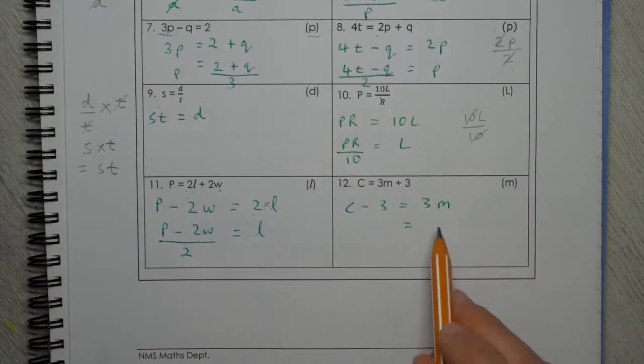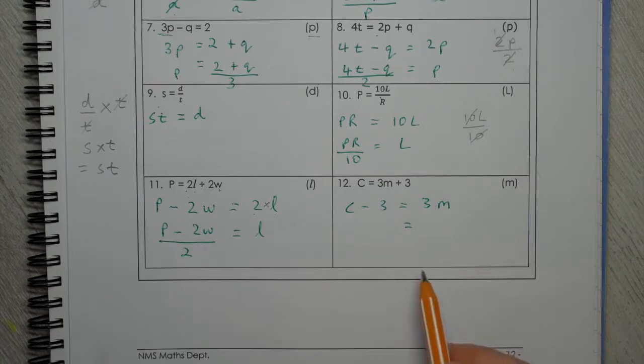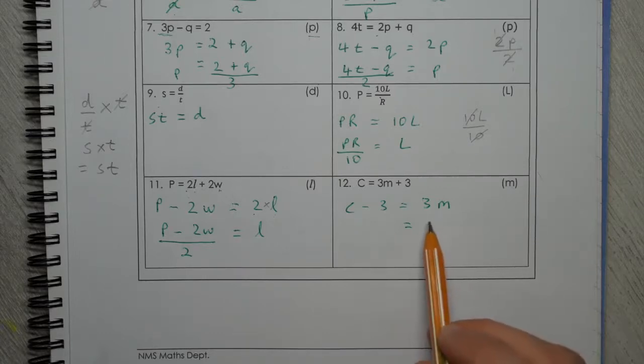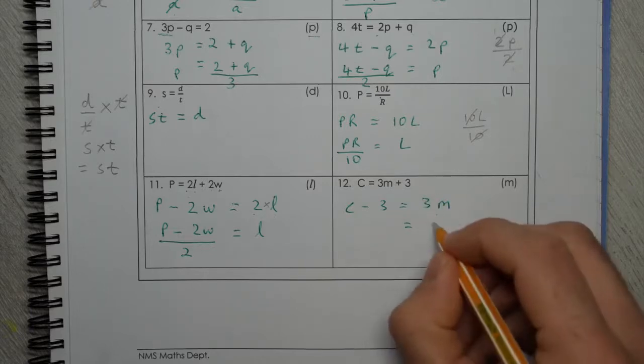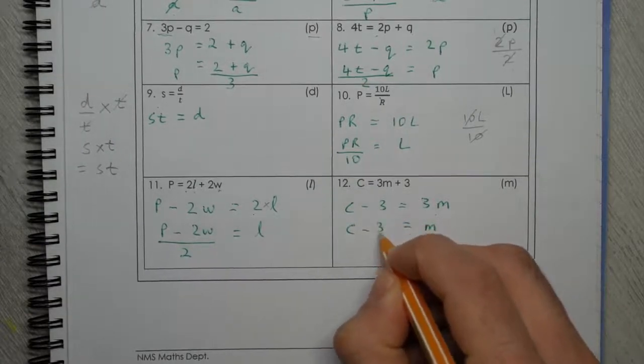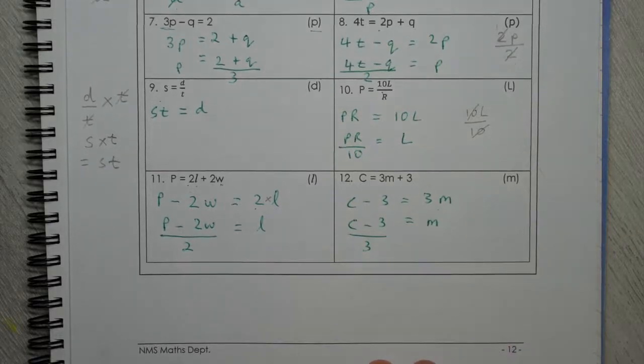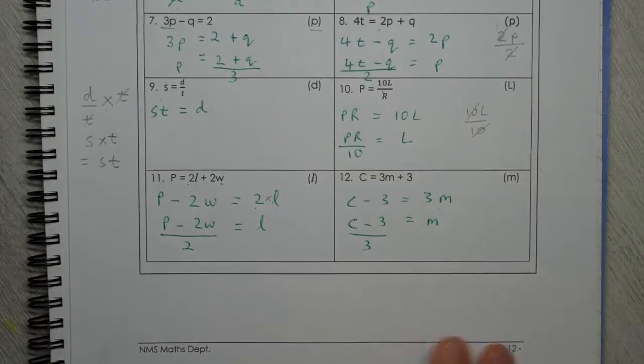With m we have 3, so we have 3 times m. The inverse operation of multiplication is division, so we're going to divide by 3 on both sides. If we divide by 3 here, they cancel out each other, so we end up with m. And on the other side we have c minus 3 all over 3. And that's the answer.